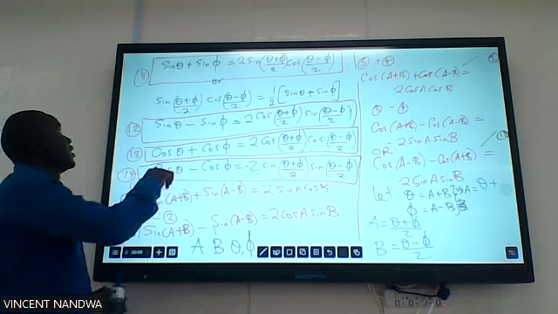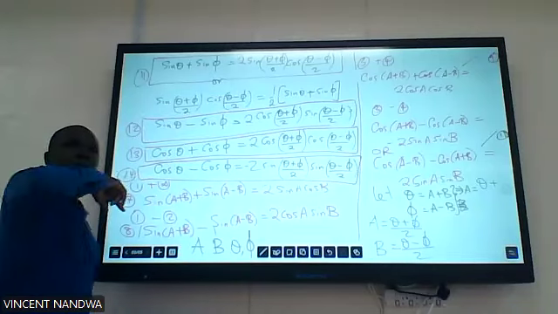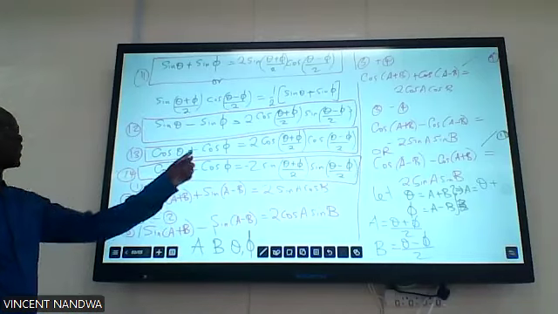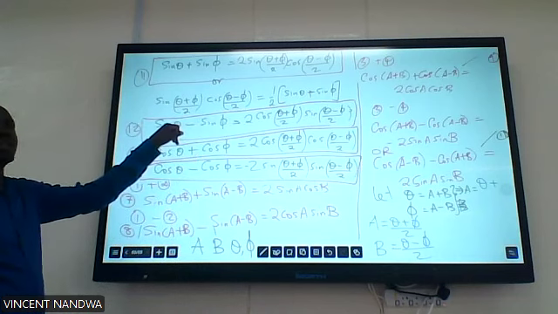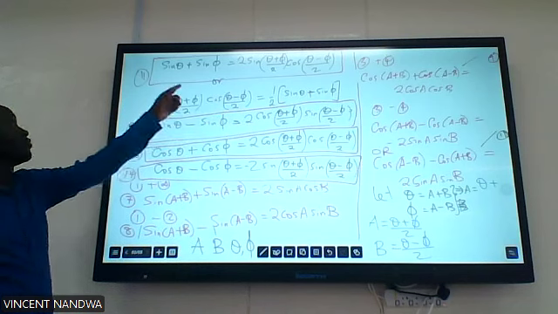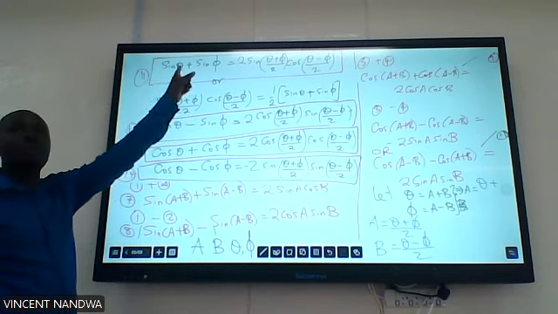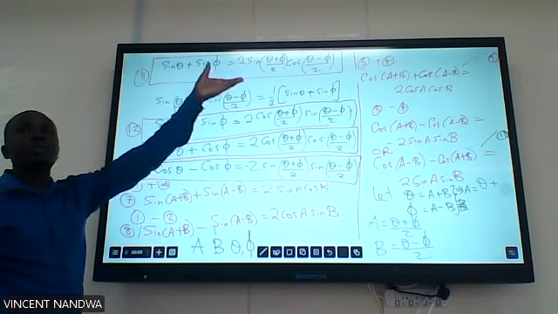Someone else can write the same formulas still using A and B in the place of theta and phi. So you can have the same 11, 12, 13, 14: where there's theta, you can simply use the variable A, and where there's phi, you can use another variable.